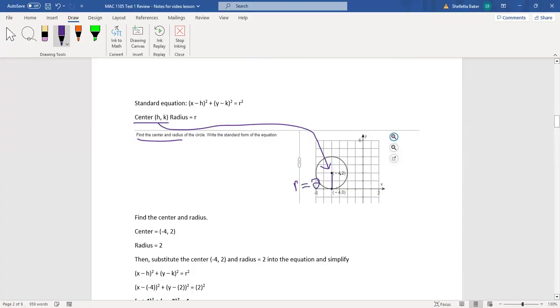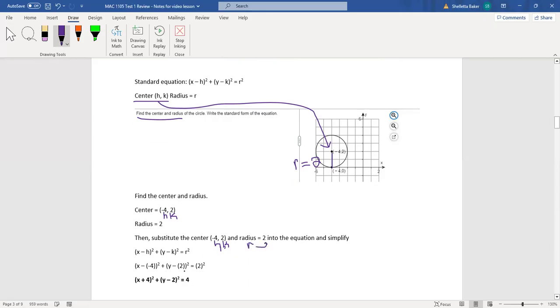Our center is -4, 2. And we're going to use this information. Remember, our center is h, k. So everywhere h is, we'll substitute -4 into our formula. Everywhere k is, we're going to substitute the number 2. And our radius is also 2. So we'll substitute the number 2 for r into our equation. So here we substitute -4 for h.